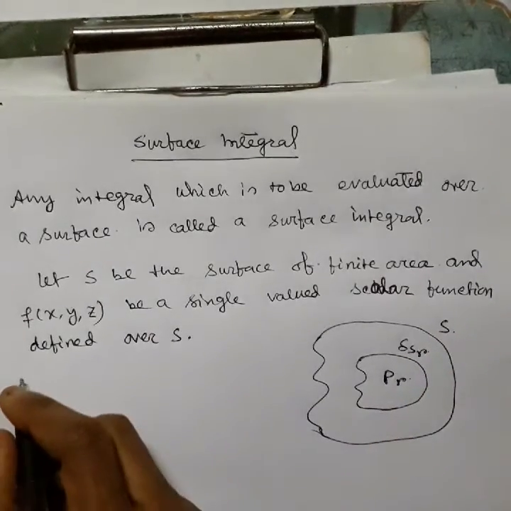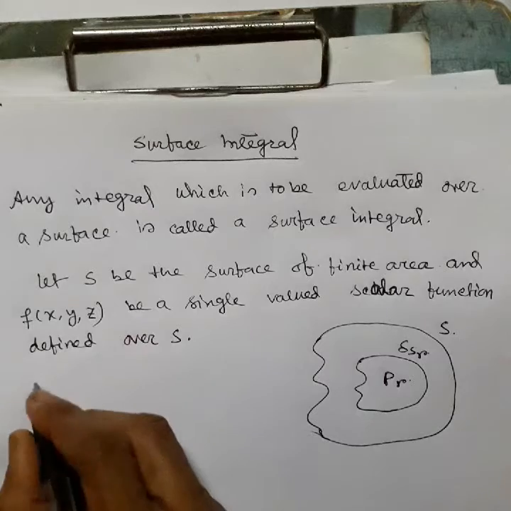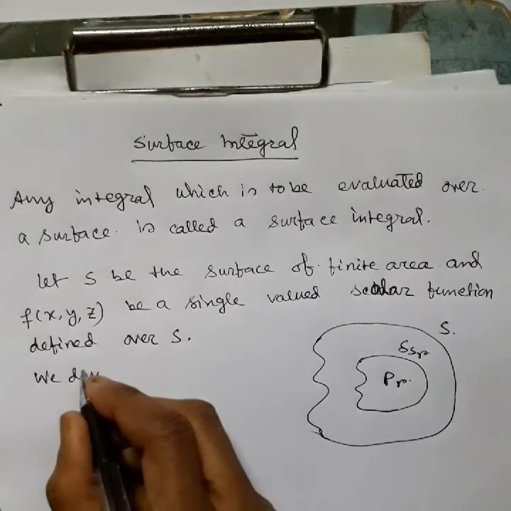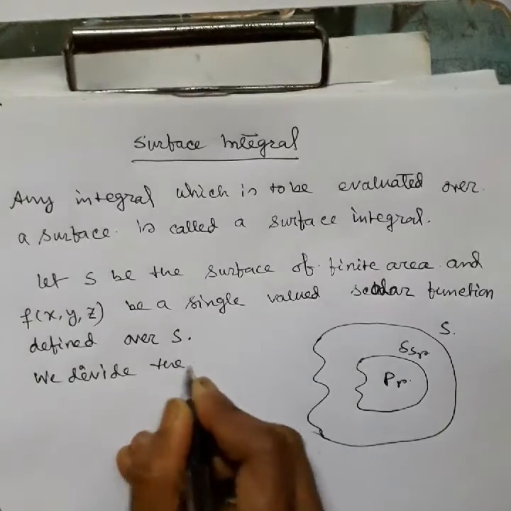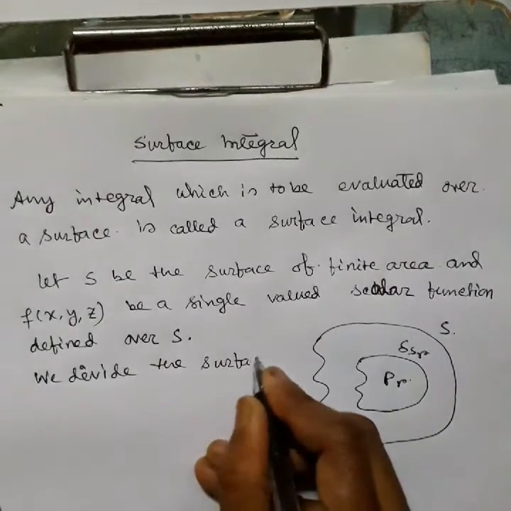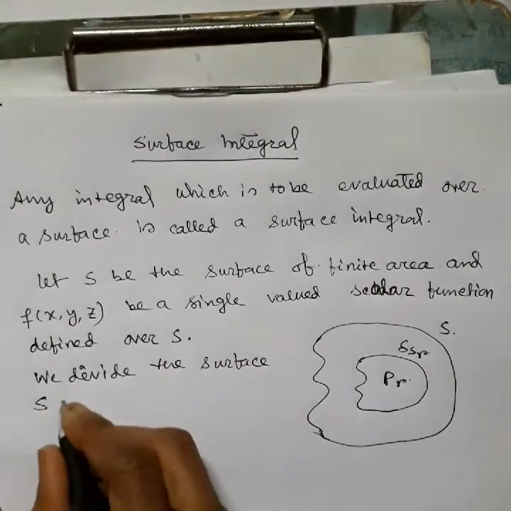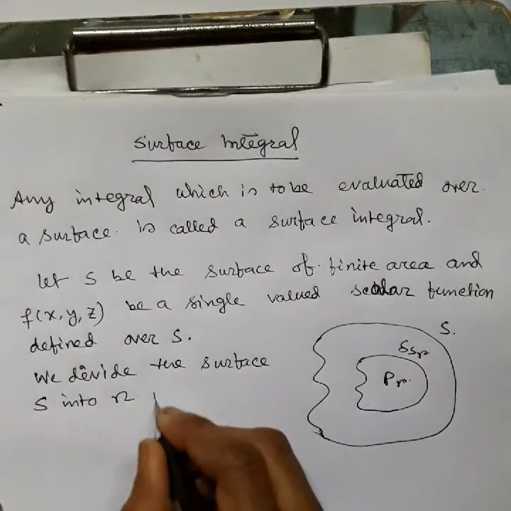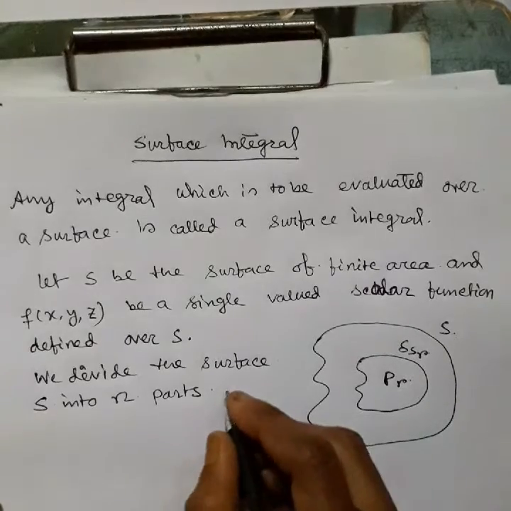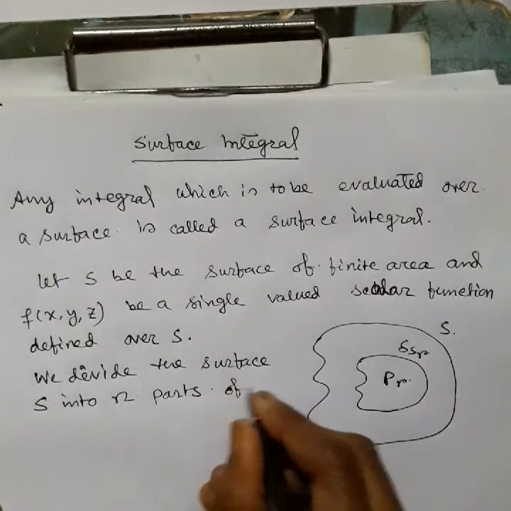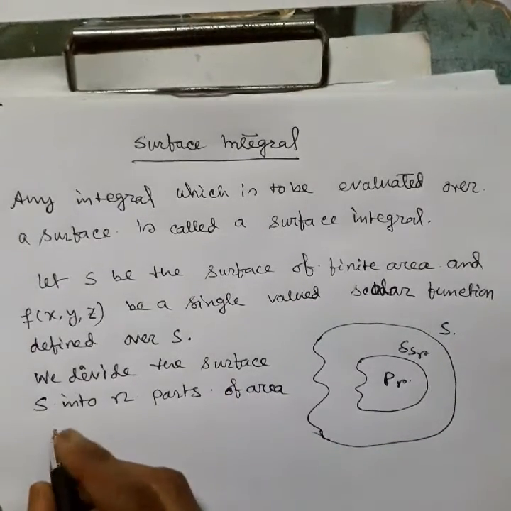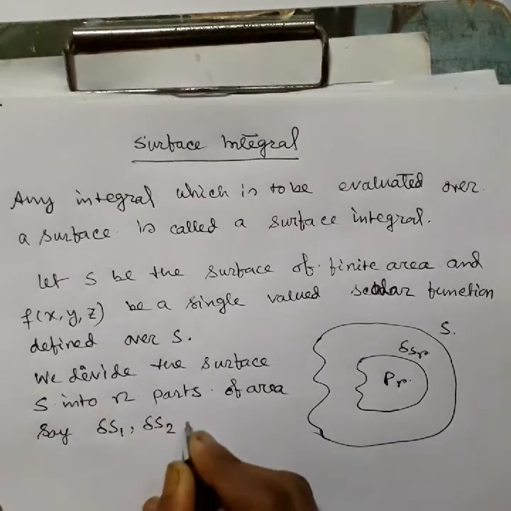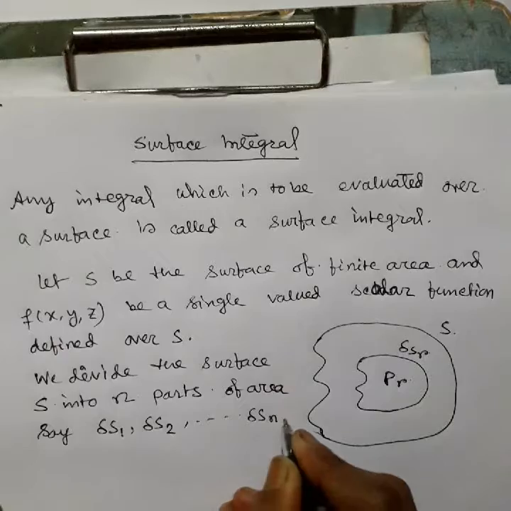Now we divide the surface S into n parts, say n parts of area, delta S1, delta S2 up to delta Sn.